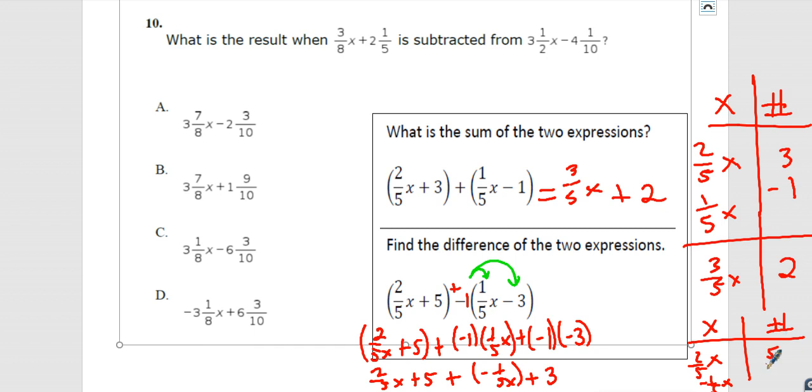I have 5, I have 3. So if I put those together, 2/5 x plus -1/5 x, which is 2 minus 1, is going to be 1/5 x. I'm going to come up here and keep working. So 1/5 x, and then 5 plus 3 is plus 8. So my final answer would have been 1/5 x plus 8.